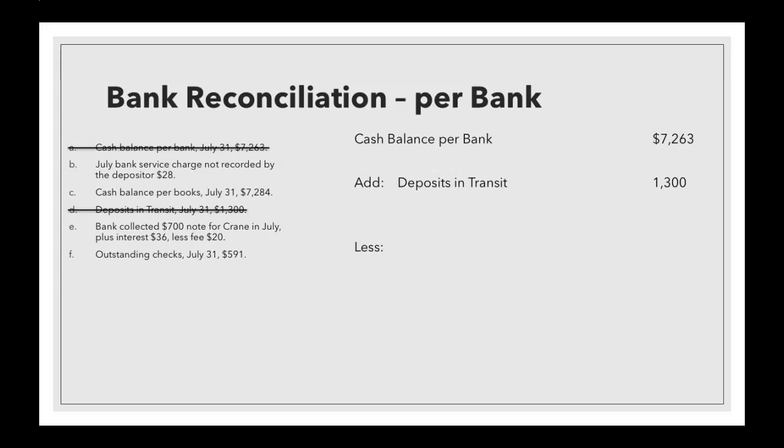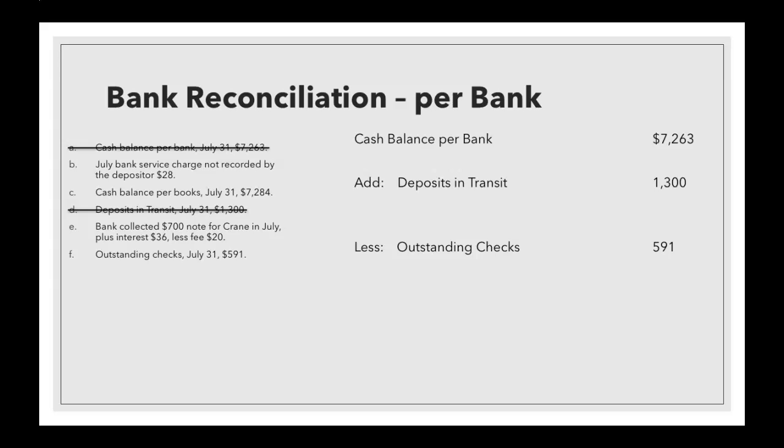And then what are we going to subtract? We're going to subtract outstanding checks. Because once again, from the company's perspective, the company knows that they've written these checks. The bank has no idea. An outstanding check is just when you write a check and you hand it to someone else. In the company's mind, you don't have that money anymore.